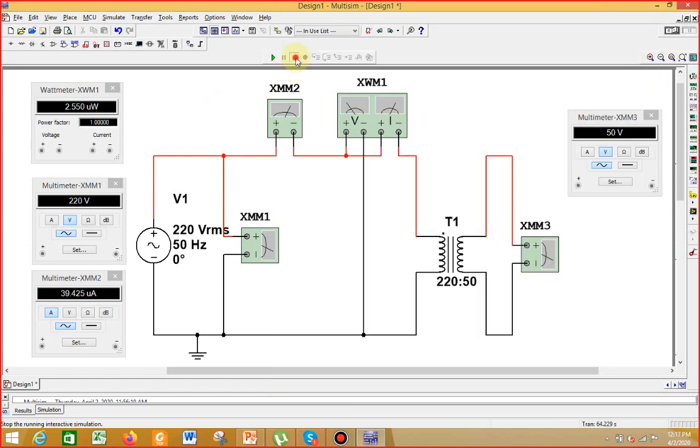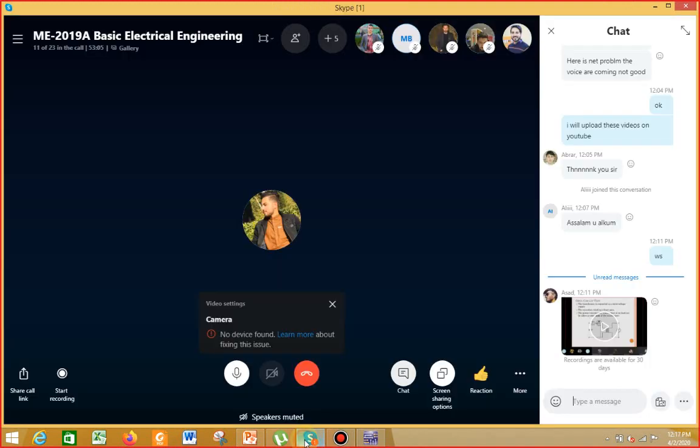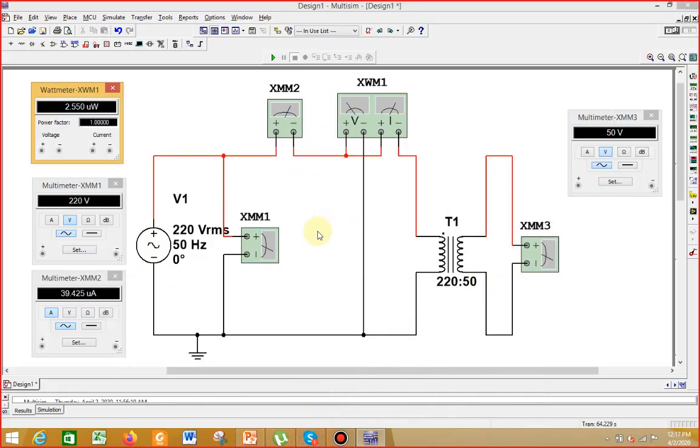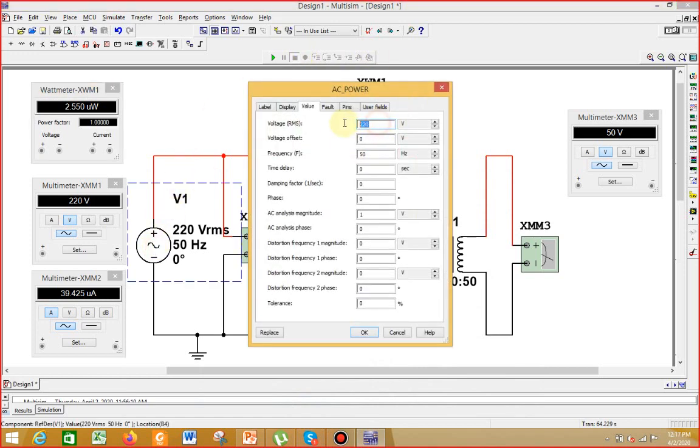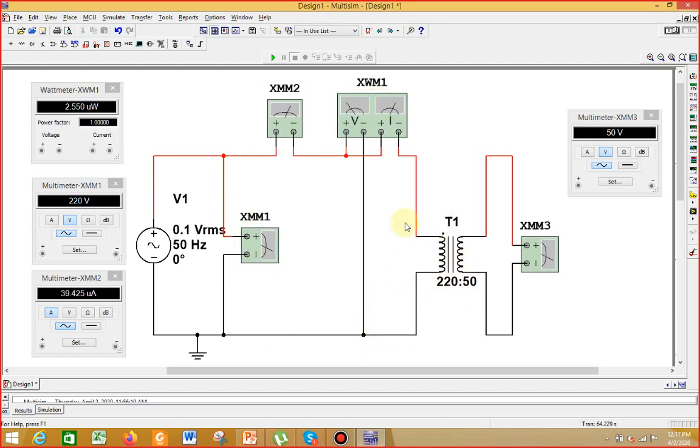Okay, so next we are going to perform the short circuit test. So for the short circuit test, first of all, what we need to do is to reduce our voltage to minimum voltage. I'll go for 0.1, and then for the transformer, we have to change the primary and secondary.